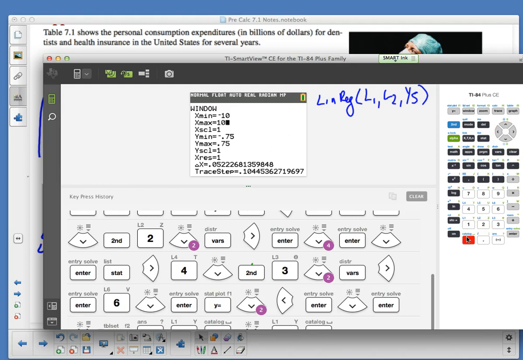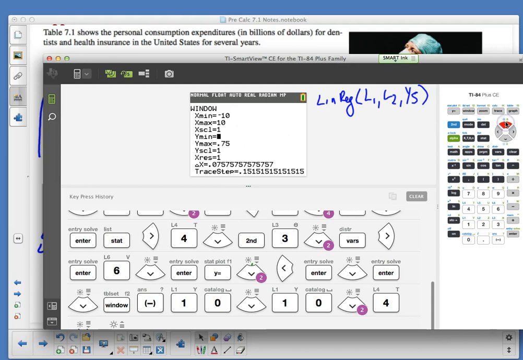For my up and down values, I could probably get away with 50 to 200. Okay, for my Y values, I'm going to go to 40, and I'm going to go up to 200, not 4, but 40. Up to 200. And I did that from my table. I just kind of put them in there. And now I can hit graph, maybe.